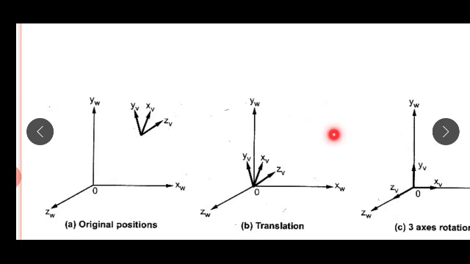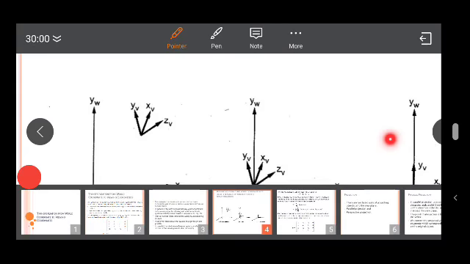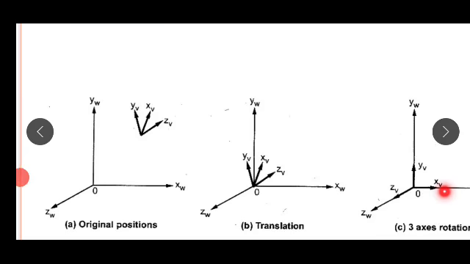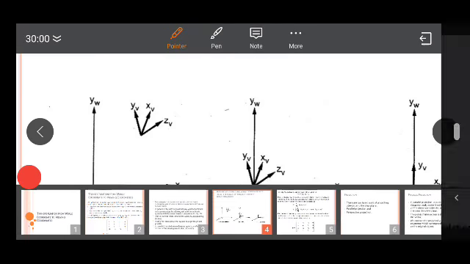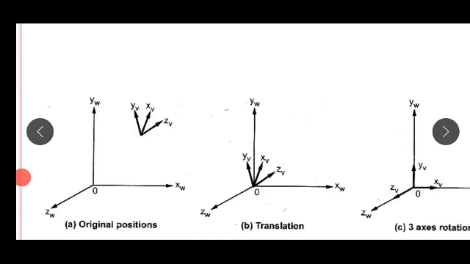Now the first step is translation. Here we transfer this viewport point, that is the center of your viewport, to the origin. Then in the second step, we have applied three types of rotation here: the rotation about the x axis, the y axis and the z axis, to align xv to xw, yv to yw, and zv to zw. This is how the transformation takes place.